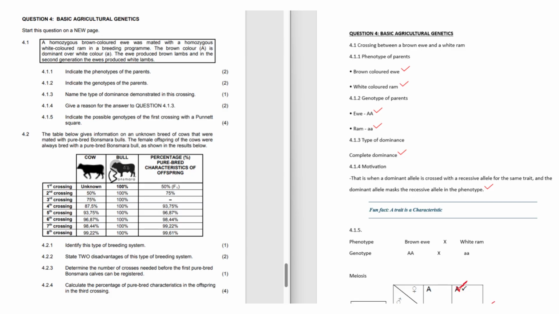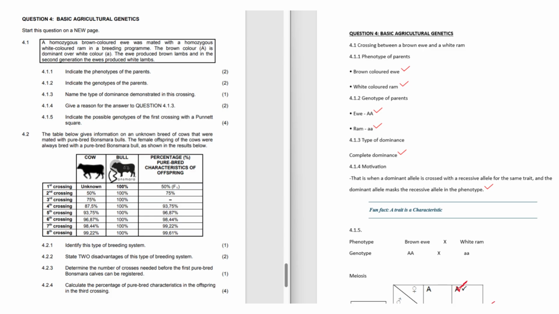And for that shade or color to be visible, it is backed up by the genotype. The genotype is the genetic makeup. So the genotype is what's going to tell us what the phenotype is.